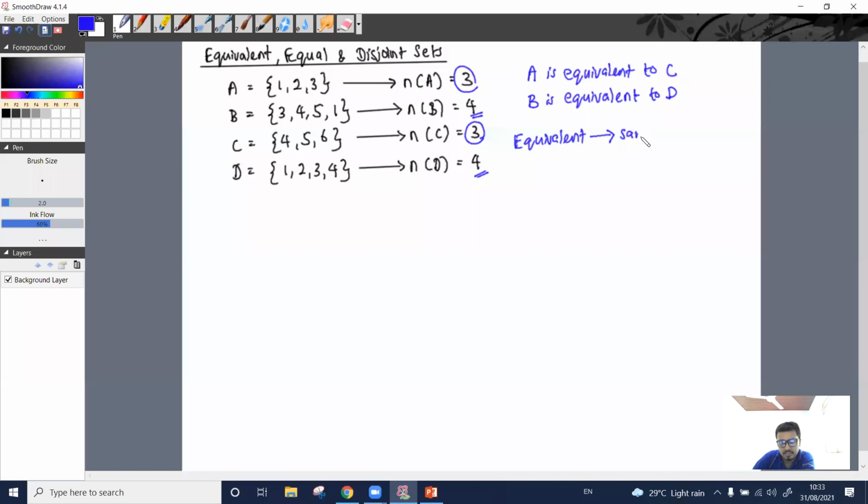Equivalent means if the same cardinal number or same number of elements are there in given two sets, then those sets are known to be equivalent.